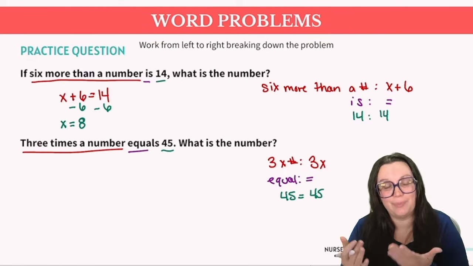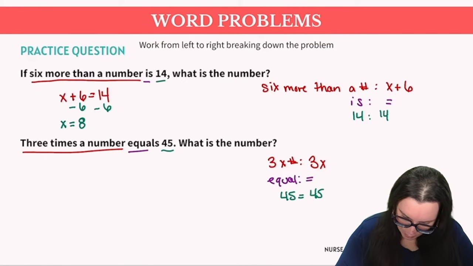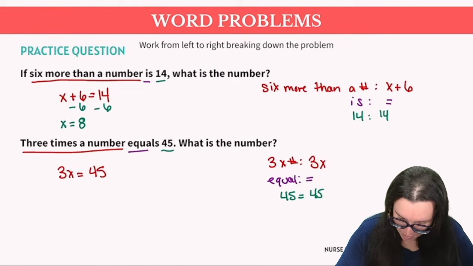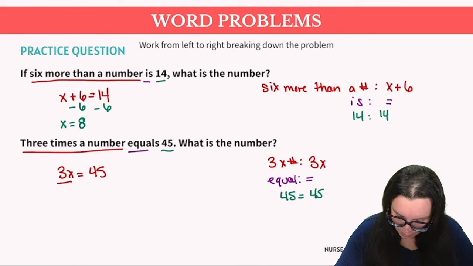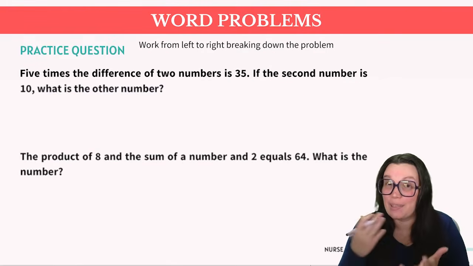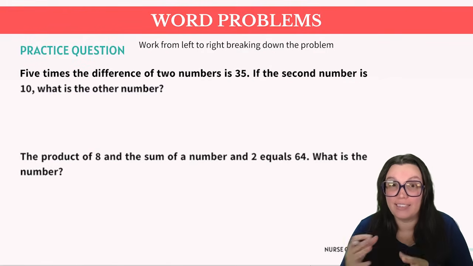Now we just need to put our equation together. So we have 3x is equal to 45. We need to isolate our x in order to find the number. So we're going to divide both sides by 3, and that gives us x is equal to 15.